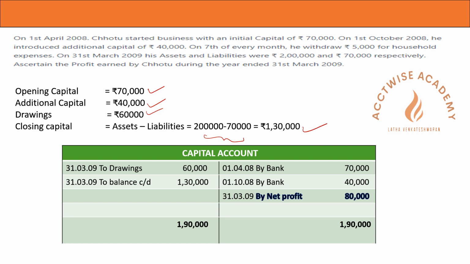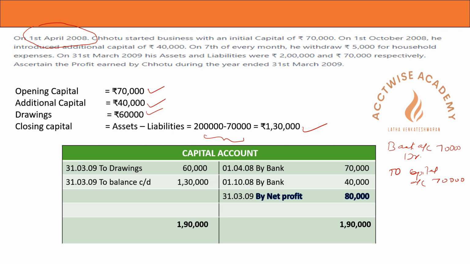Since Chotu started his business on 1st April 2008, he has brought in the capital first. So the entry will be bank account debit to capital account. Amount is 70,000. For the initial capital he has brought, the entry is bank account to capital.